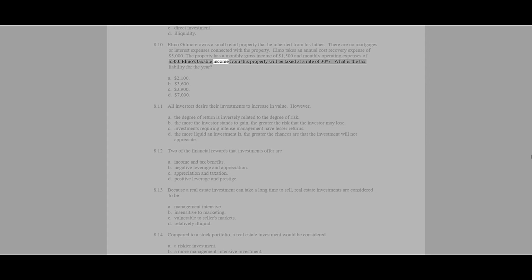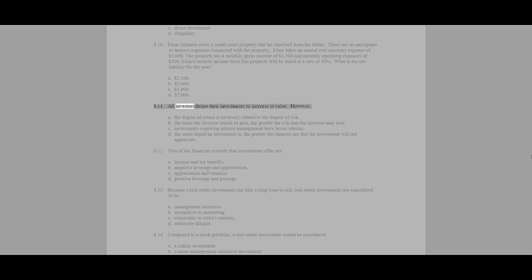Elmo's taxable income from this property will be taxed at a rate of 30%. What is the tax liability for the year? A. $2,100. B. $3,600. C. $3,900. D. $7,000.